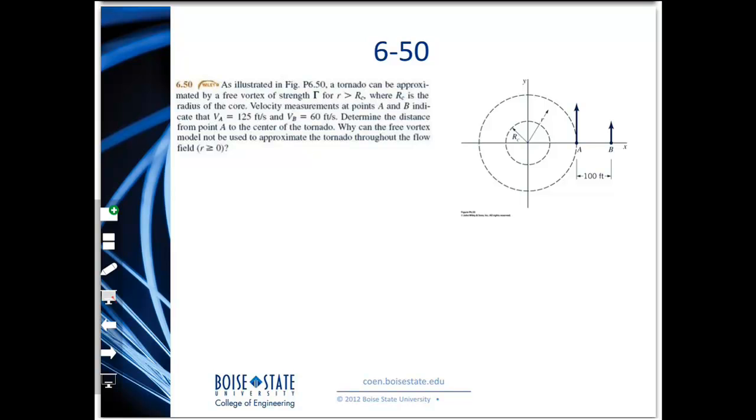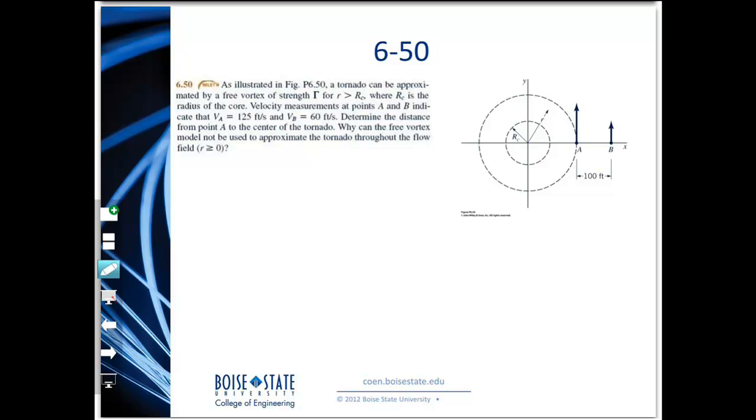Velocity measurements at point A and B indicate that VA is 125 feet per second and VB is 60 feet per second. You're asked to determine the distance from point A to the center of the tornado and also comment on why the free vortex model cannot be used to approximate the tornado throughout the flow field, that is, r greater than or equal to 0.